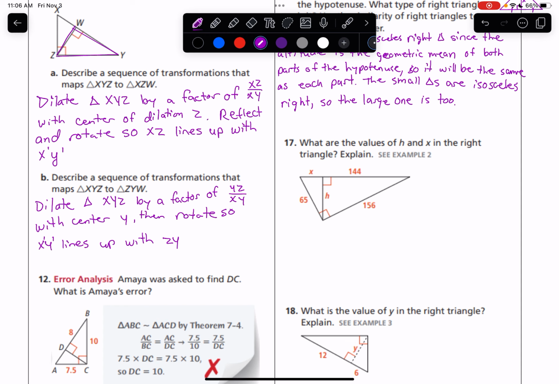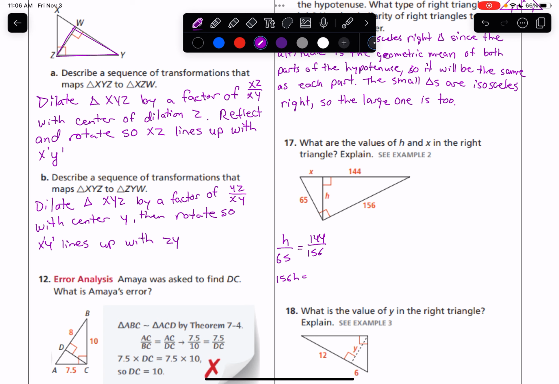So putting those together in proportion will give me one unknown piece. Because I can say median length side h over long side 65 is equal to median length side 144 over long side 156. Then I just need to cross multiply. I get 156h equals 144 times 65.